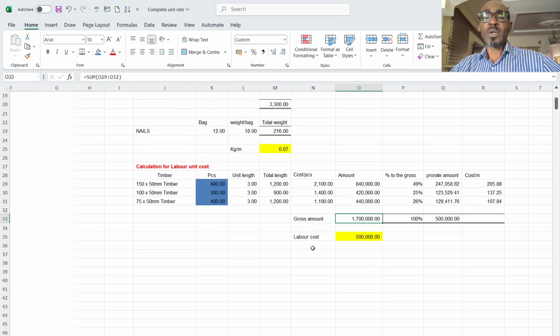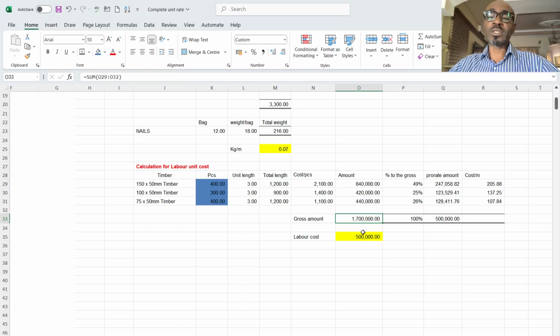And the carpenter you want to engage, or you did engage in your previous job, did it for, say, 500,000 naira to construct the carcass.